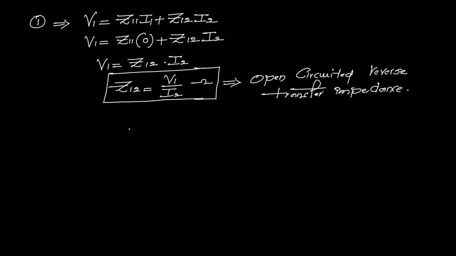Finally we got the parameter Z12 by substituting I1 equal to 0, because I1 is the current supplied from port 1, and open circuiting port 1 means I1 is 0.